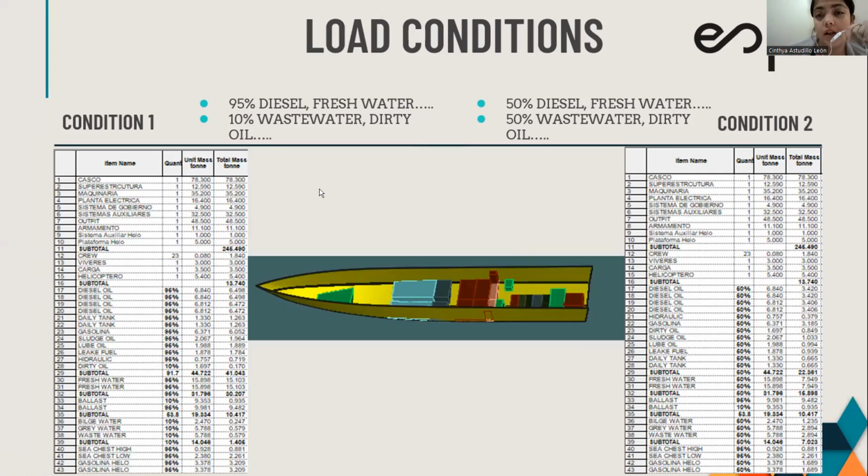And in the load condition too, we put 50% of all, but in the balance it is 90%. This is our distribution of tanks and the disclosure of the weights we used in this project.